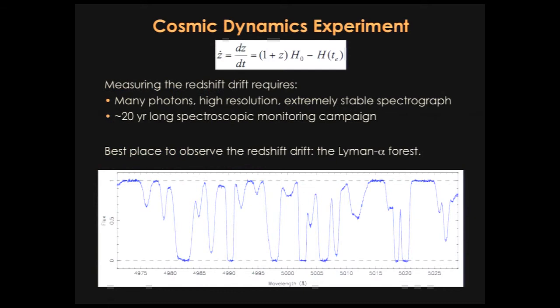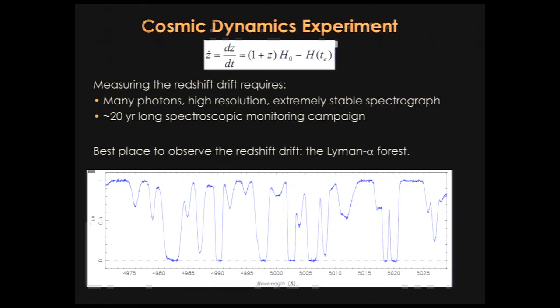And the way you do this is very simple, in principle. You take a measurement of something that moves away from you very fast, and in our case, we select to observe many of these objects. This is the gas associated with those filaments that we have seen before that absorbs the light from very far objects, and they are at different positions in the universe, and so they are expanding at different velocities, and so you get many observations of many velocities.